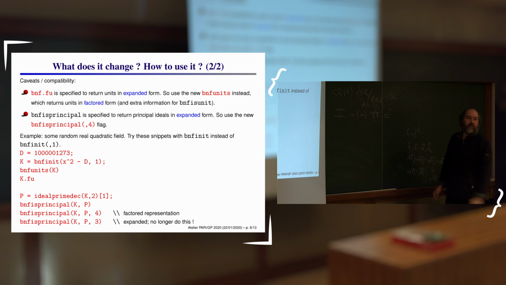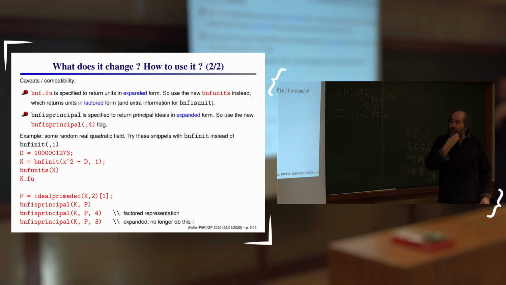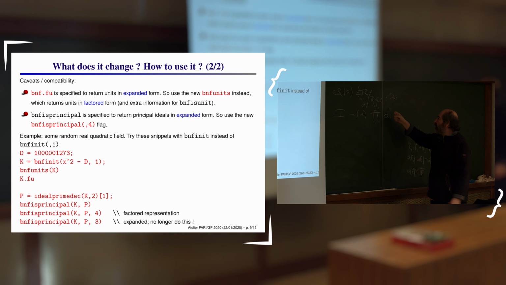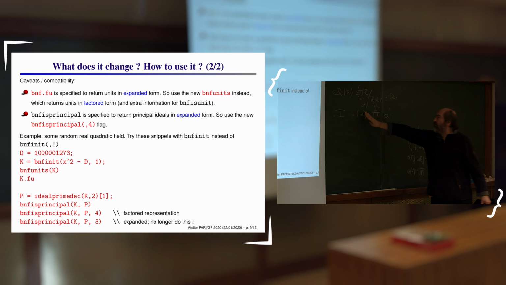So this is what I call solving the discrete log problem in the class group. There are some exponents in terms of the generators, and there is a principal ideal here. When you ask for bnfisprincipal, it gives you the n_i, or maybe the n_i and alpha by default. So by default, the n_i and alpha, and you have a flag to say, I don't want alpha, I only want the n_i.